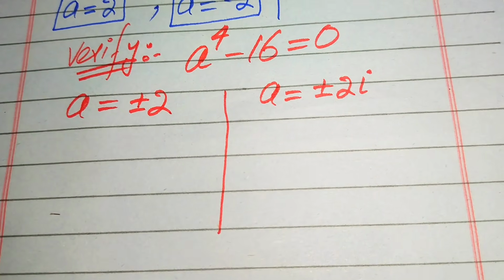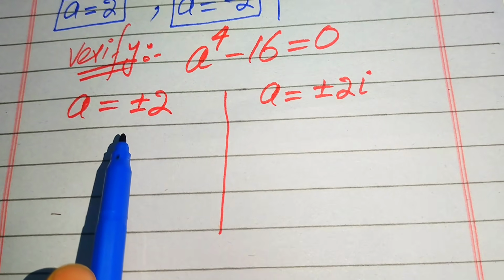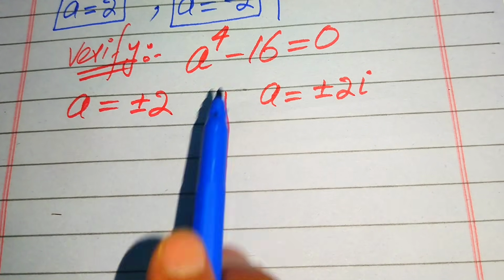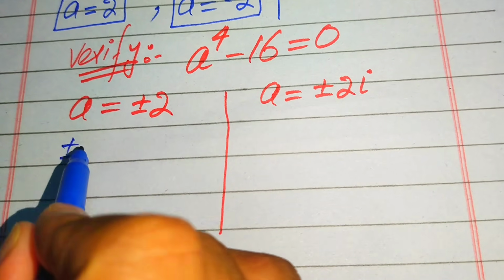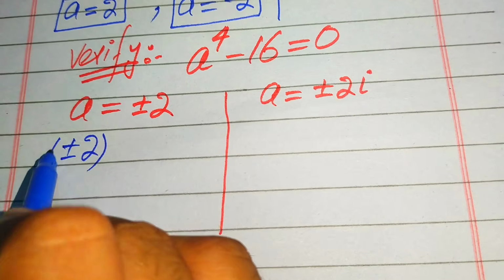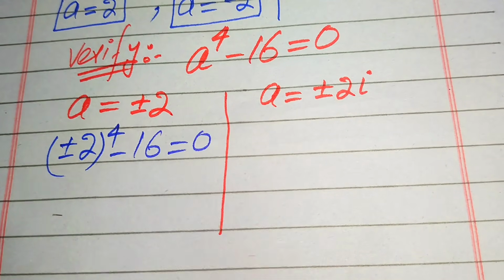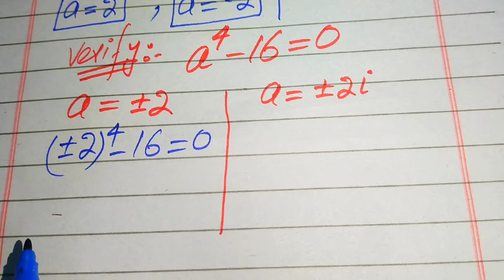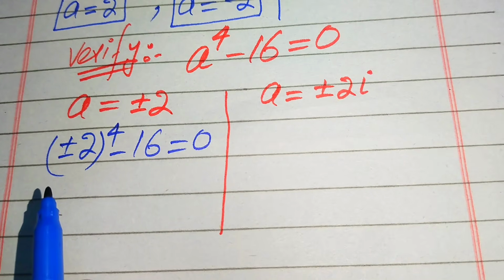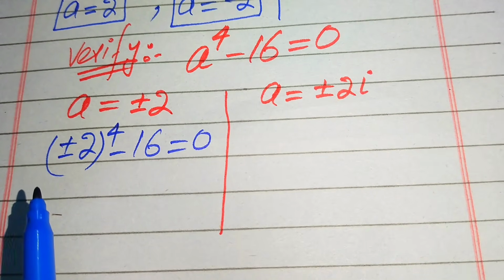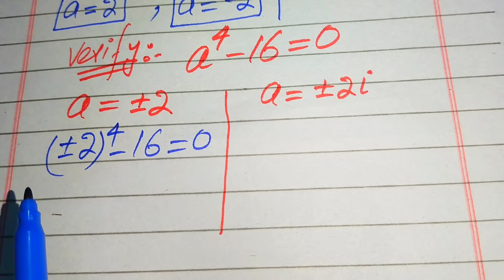First we focus on a is equal to plus minus 2. We substitute a equals plus minus 2 into the left hand side, and it is written as plus minus 2 to the power of 4 minus 16 is equal to 0. Here you know that when the exponent is an even number, it always gives us a positive answer.